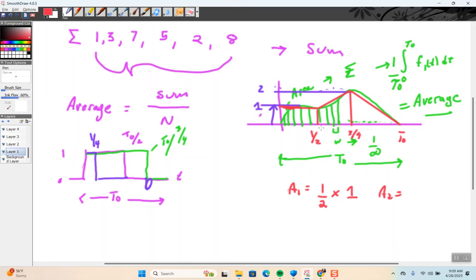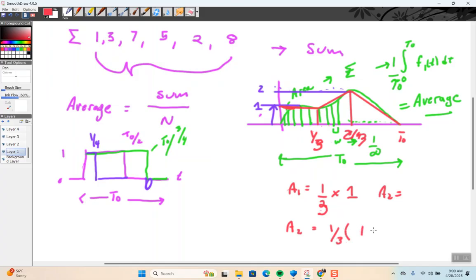I've really drawn that too far off. I'm sorry to do this to you. This is 1/3 and 2/3. So area 1 is 1/3 times 1. Now, what's the distance here? 1/3. So that distance is 1/3.